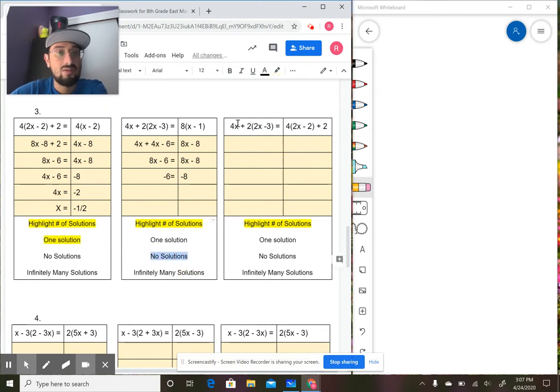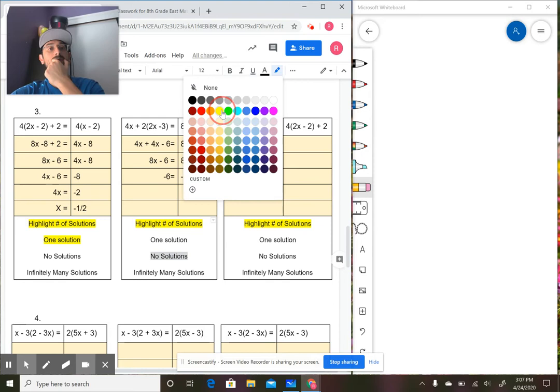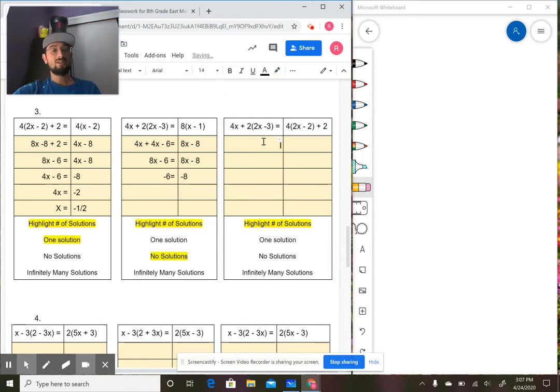Now for this one, it's going to be the same thing. You're going to just multiply the parentheses in, combine like terms. So you can see they're very similar problems, except they're a little different towards the end. So 8x minus 8 plus 2.